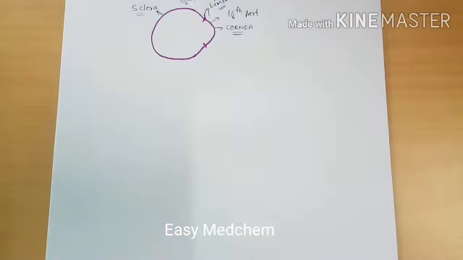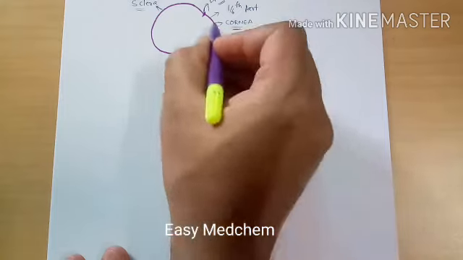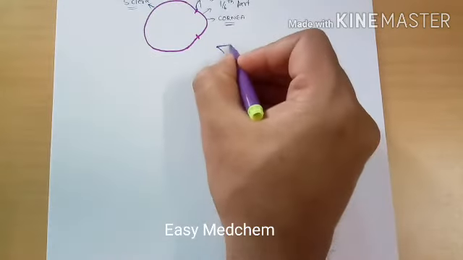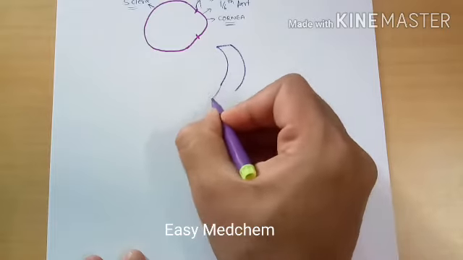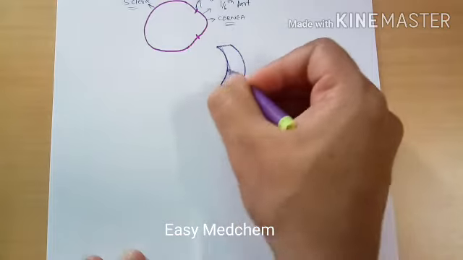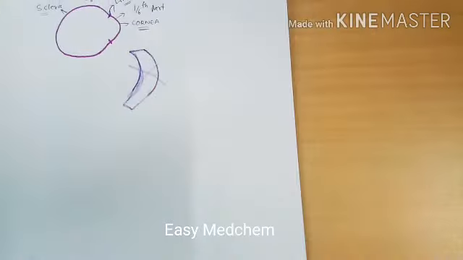So what are the structural aspects of the cornea? Before going to that, we'll discuss the introductory aspects of the cornea. What is the width of the cornea? This is present anteriorly. I'll draw again.